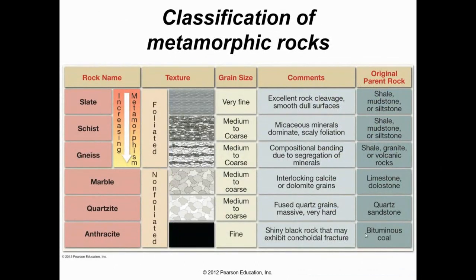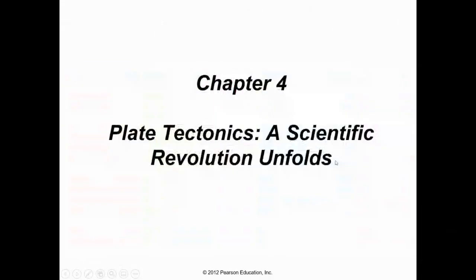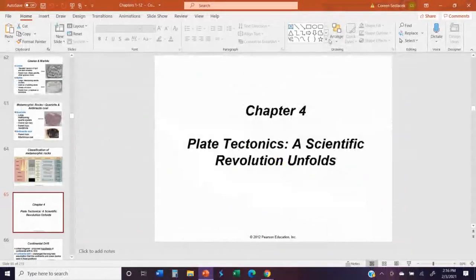So here's the classification of the metamorphic rocks, mainly separated by foliated versus non-foliated. The foliated rocks are the ones that have the foliation. You can see here's the increasing metamorphic grade for the most common ones. So that's there for your look and view before the test.